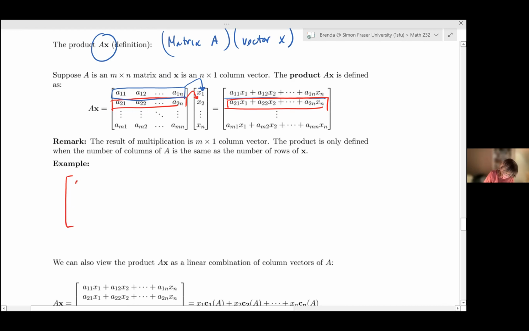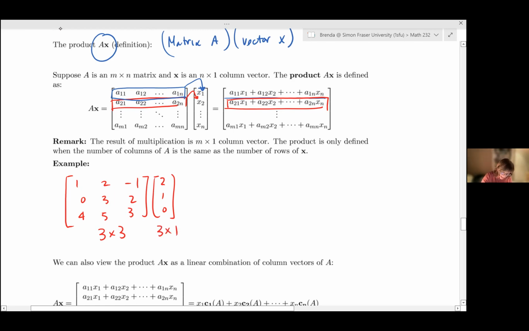Here's an example. We will multiply the matrix 1, 2, minus 1, 0, 3, 2, 4, 5, 3. We're going to multiply that by the vector 2, 1, 0. Okay, first we check if the sizes are right. This is a 3 by 3 matrix, and you can think of this as a 3 by 1 matrix.